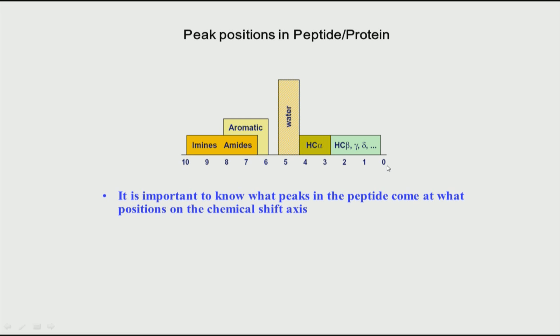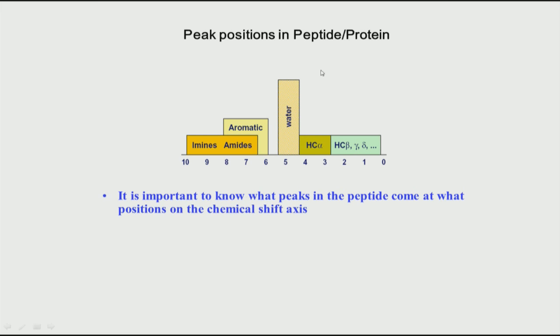Let us start from this end, the 0 ppm. Here comes the methyl, if you recollect, and the aliphatic portion, the gamma, beta, delta hydrogen and carbon atoms. So hydrogen atoms come in this position for every peptide.